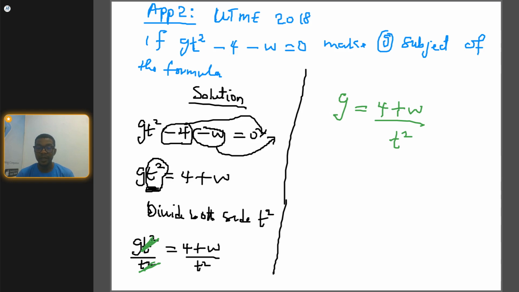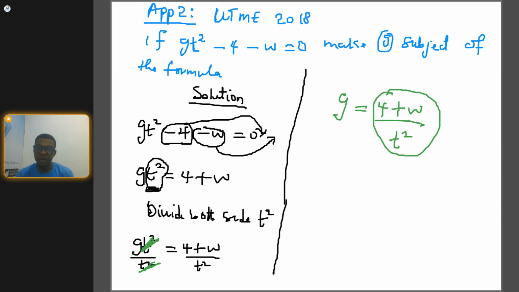When you check here, you see that we don't have G in this expression, so that means it is absolutely correct. Is that taken? So I believe that is clear to us. Is that clear to us?